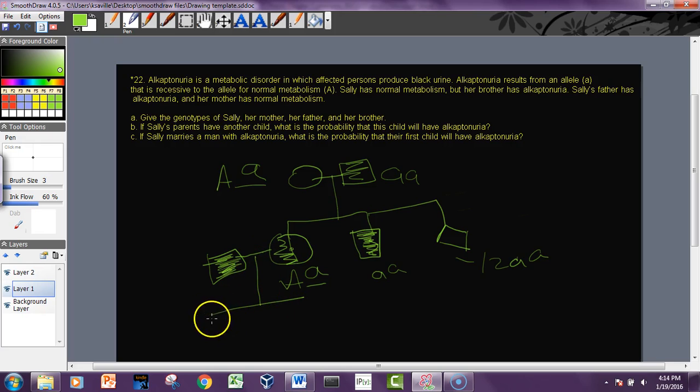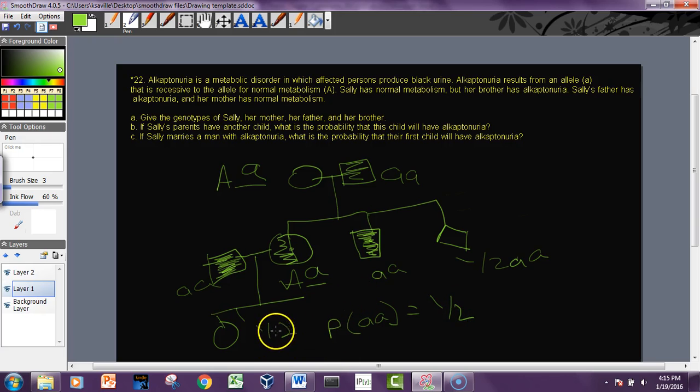Doesn't really matter that it's the first child. Pretty much all their children will have the same probability individually. Same thing. So if she's a carrier and he's affected, there's a 1/2 probability. You could write that as the probability of being affected equals 1/2.